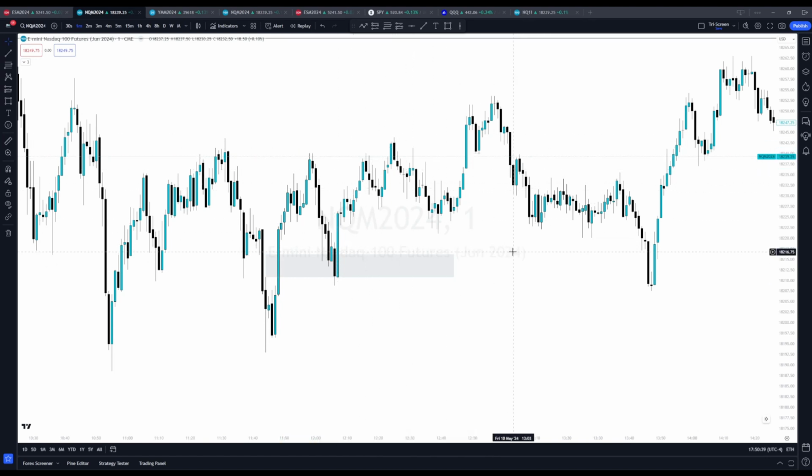So I'm always drawing 50% every single time frame throughout the entire day. If I see some kind of reaction off 50%, I am looking for a 1 minute order block, or I'm looking for a 1 minute inverse back up to the upside.